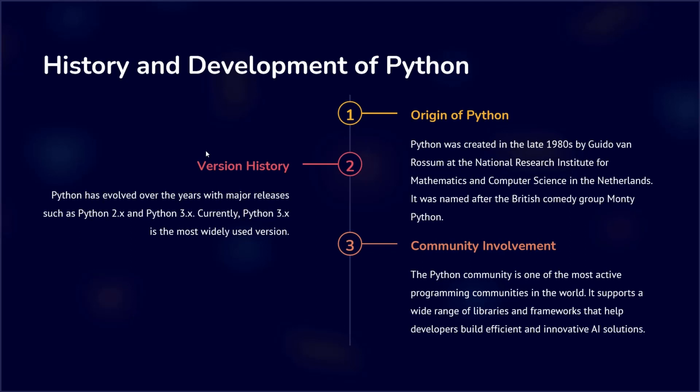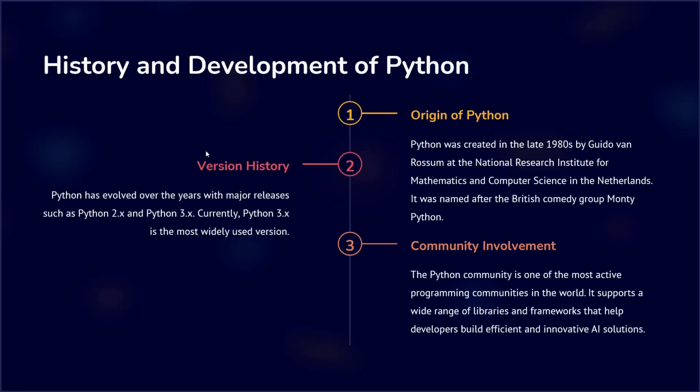If you want more of the origin of Python, you can easily Google that, but this is very basic info that you should have if you are a beginner or want to be a Python programmer. And the version history is something that tells what version is currently used, how many versions we had in the past, and so on.